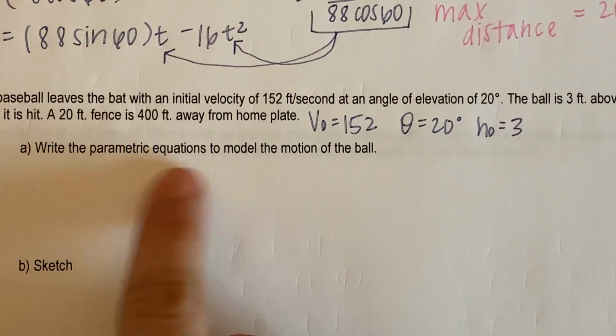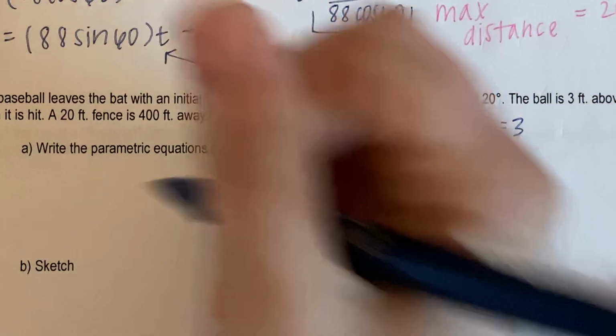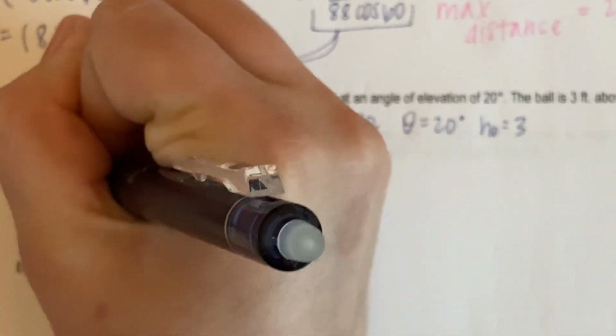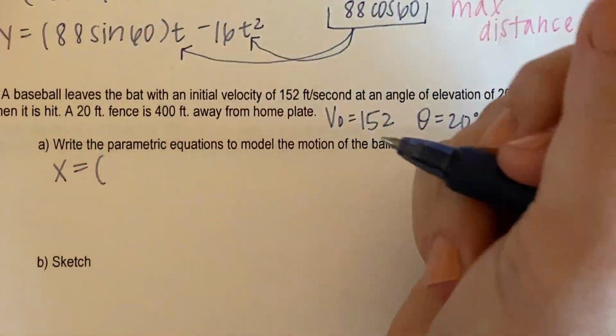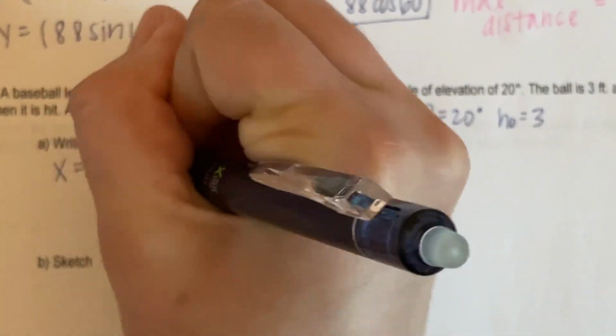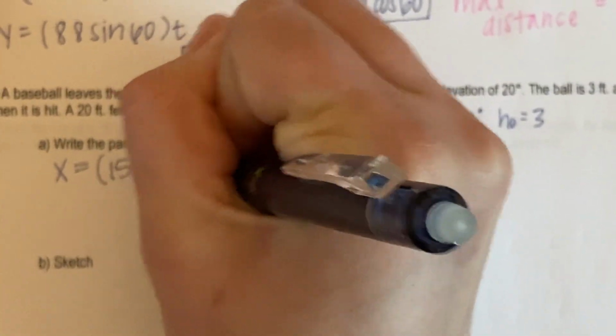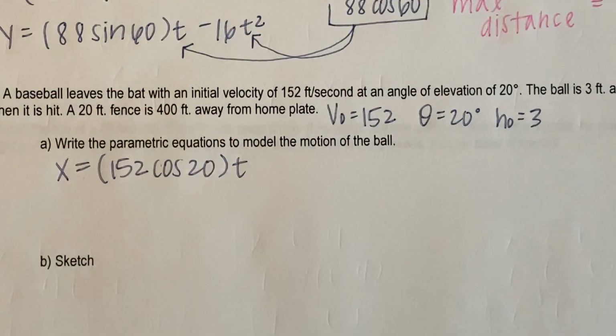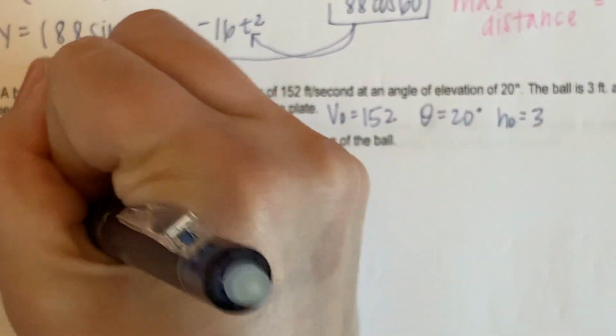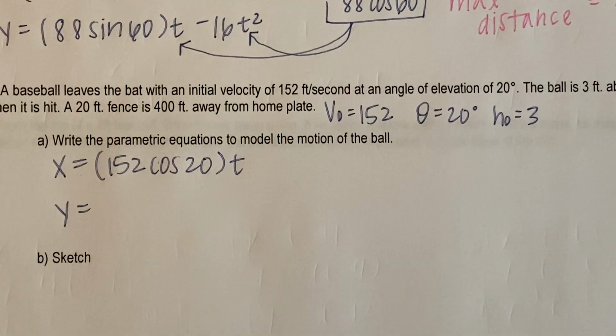So first we're gonna write the two parametric equations. So x equals 152 cosine 20 times t. Y equals, this time we have an initial height.